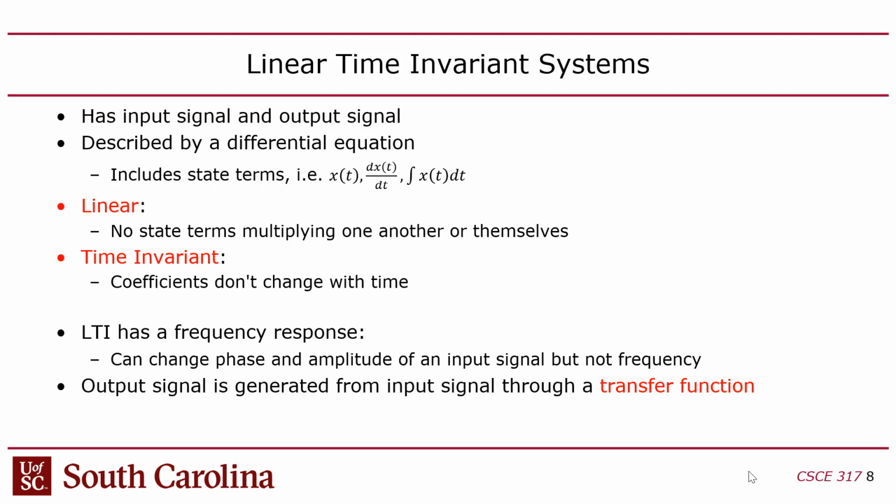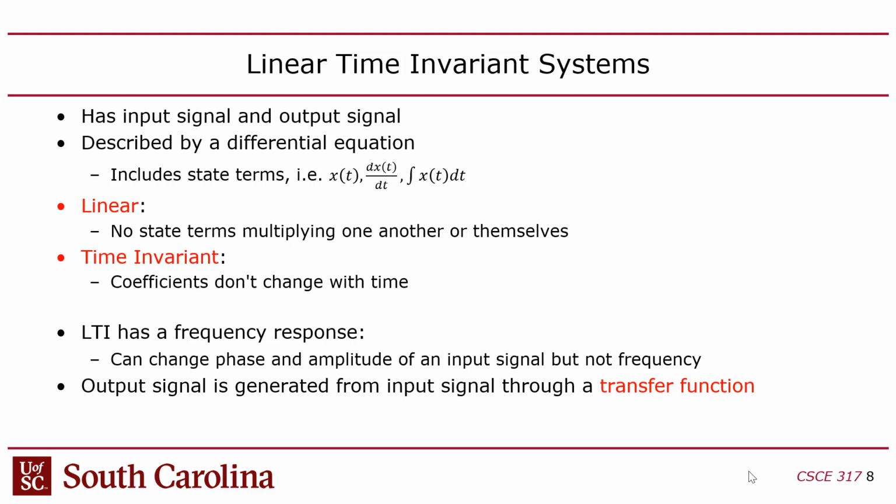It's linear, so you can have coefficients. You can have something like 2 times x of t plus 10 times the derivative of x of t minus 20 times the integral of x of t. And so you can take state terms, multiply them by coefficients, and then add them up or subtract them, right?